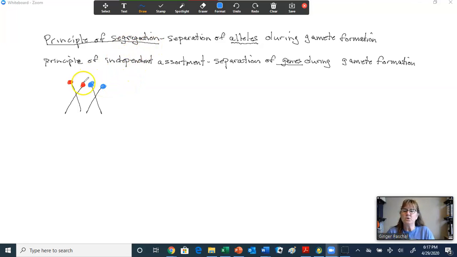During segregation, the allele for red and the allele for blue will separate. That's the principle of segregation. The principle of independent assortment goes on and talks about genes.